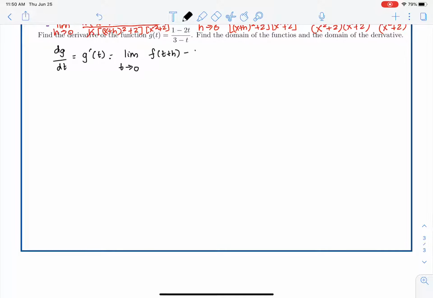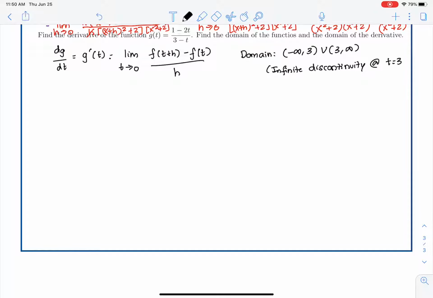So, the limit of the difference quotient. The domain of the function is negative infinity up to 3 union 3 to infinity. There is an infinite discontinuity at t equals 3.